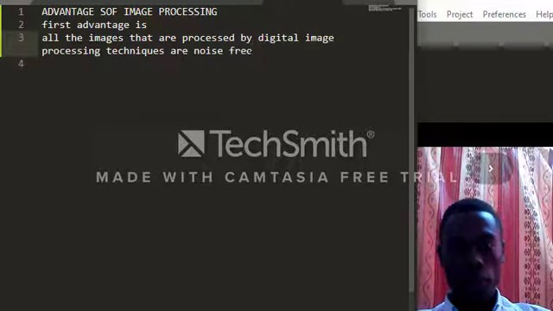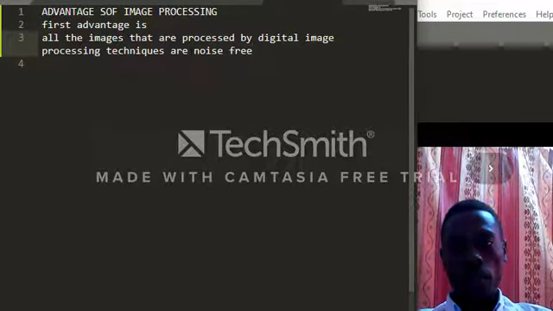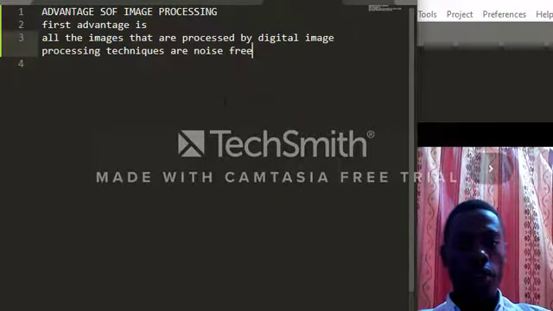So the moment they undergo this process of analyzing them, these images are cleaned, and the output that is given out contains only noise-free images.